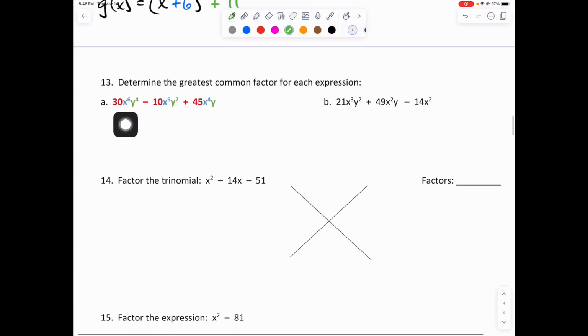All right, so 13, again, I pre-color coded, determine the greatest common factor for each expression. All right, so I've grouped this into, yes, our numeric value for our GCF, and we will look at between 30, negative 10, and 45. All right, if you go to your factors chart, if you're uncertain, they're all divisible by, yes, 5.